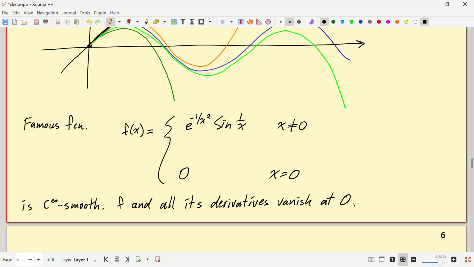So the bad news for people who love power series is that f is not equal to its power series, or I'll call it Taylor series. So that's a disappointing moment in history when people realized there are infinitely differentiable functions that are not equal to their Taylor series.